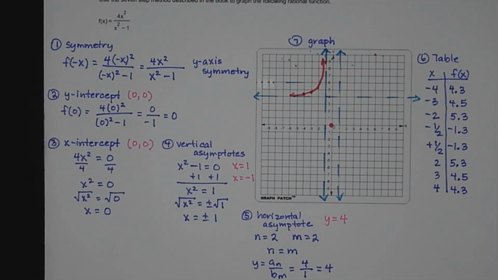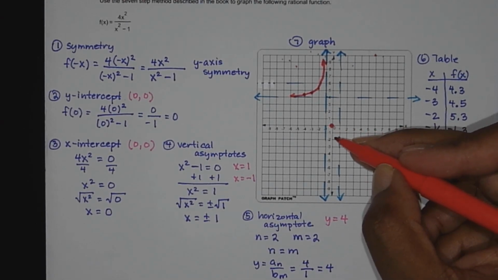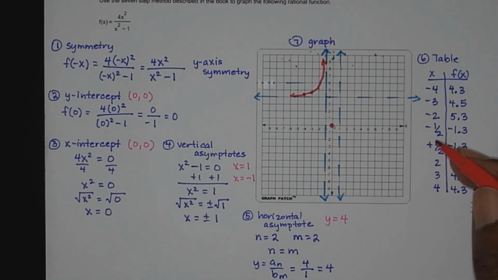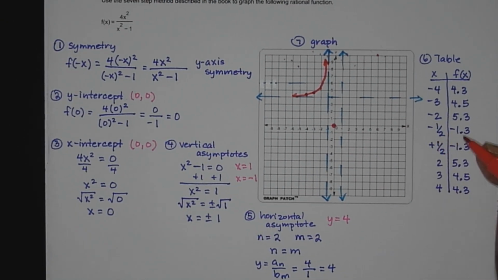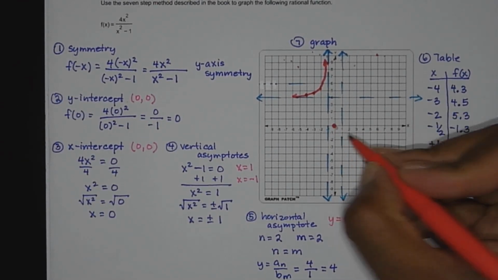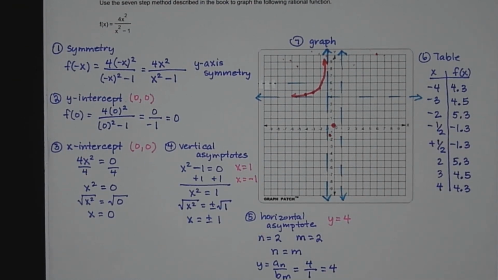It'll never cross it. Now, for what's going on in between these two vertical asymptotes of x equal -1 and x equal +1, the reason why I chose -1/2 and 1/2 is this. Go to the left halfway between that, and then -1.3, a third of the way. That point would be there.